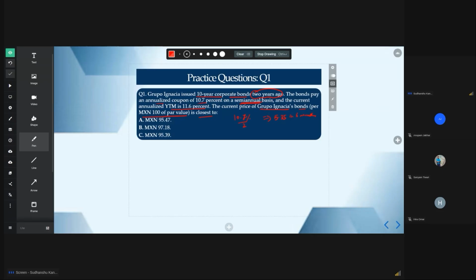Same logic: what is the YTM per period? Your period is 6 months, so we divide 11.6 also by 2 and get 5.8. And how many periods do we have? 2 years ago the bond was issued. How many years are balanced? It is a 10-year corporate bond, so 8 years are balanced.